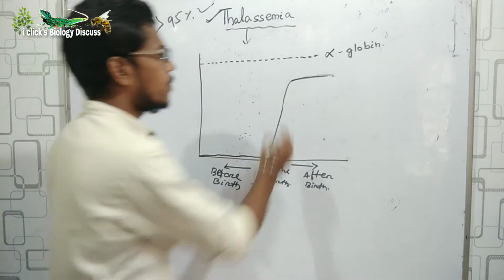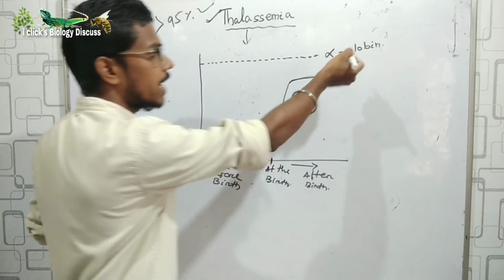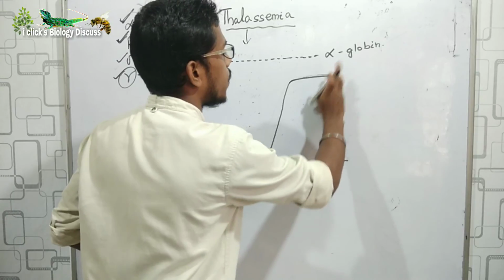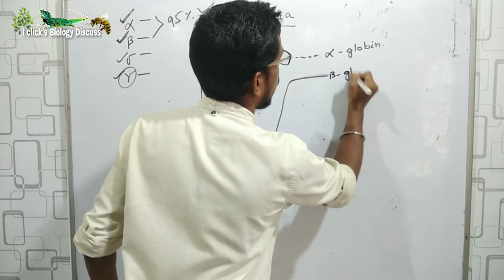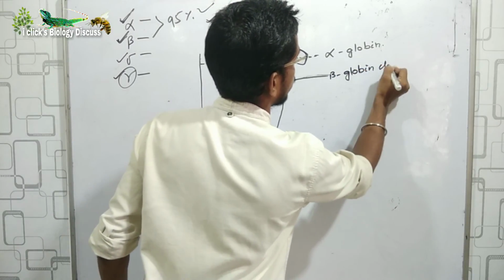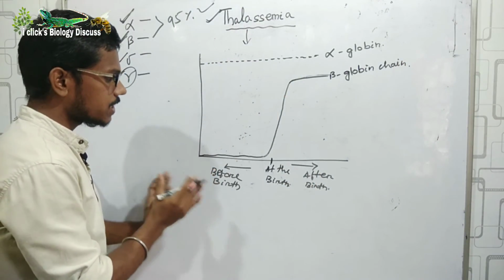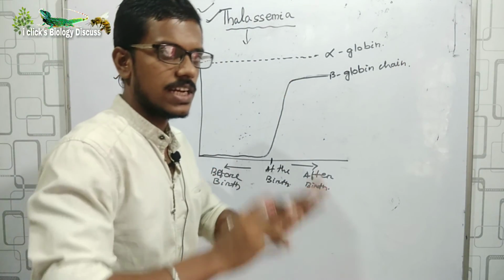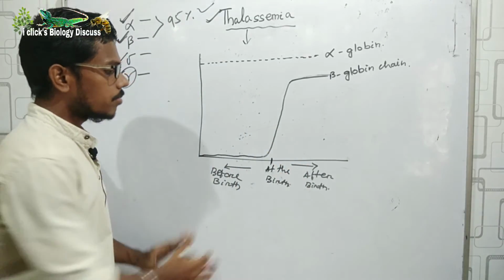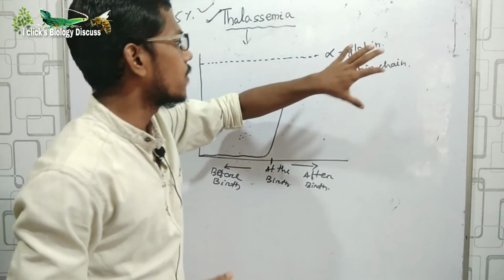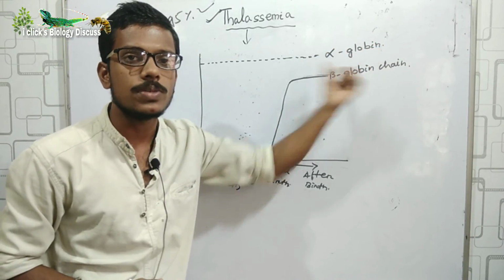The amount of alpha globin chain and the amount of beta globin chain is the same after the birth. This is the graph for the beta globin chain. But before birth, the amount of beta globin chain synthesis is very less. But just at the birth it is increased, and this is the same level as the alpha globin chain.